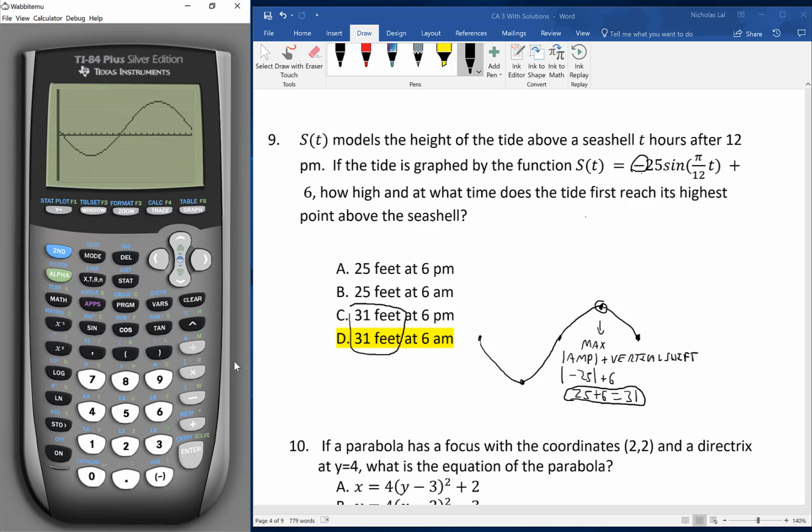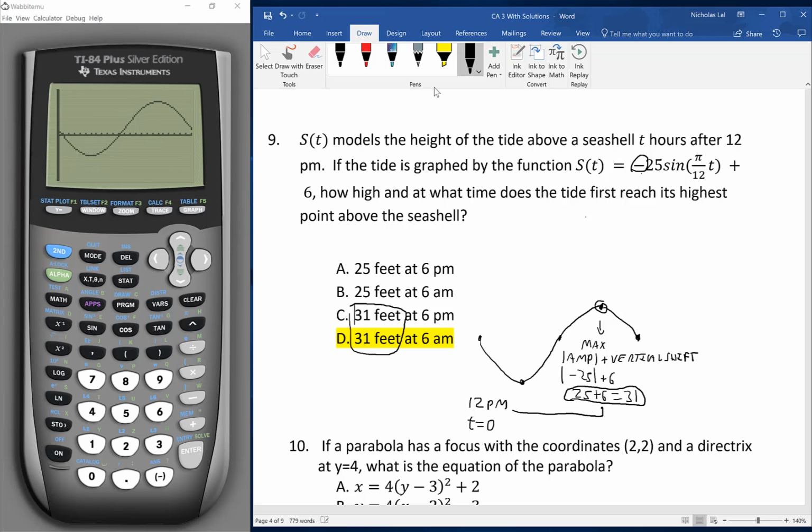Because when we read the problem, we need to know how high and at what time the tide reaches the highest point above the seashell. And note that we're going to start out at 12 p.m. when t equals 0. And we need to figure out how long it takes before we get to our maximum.